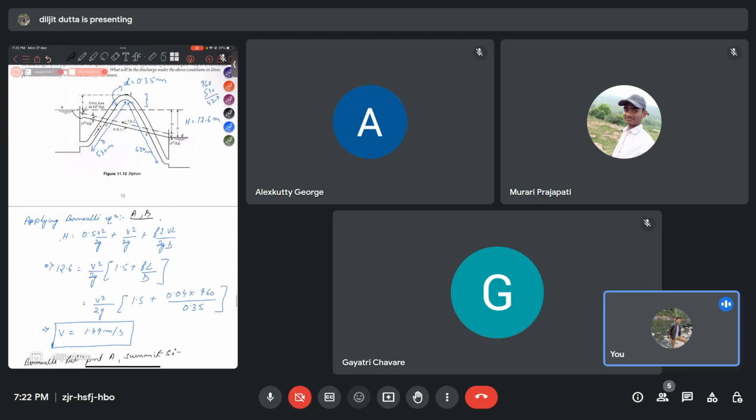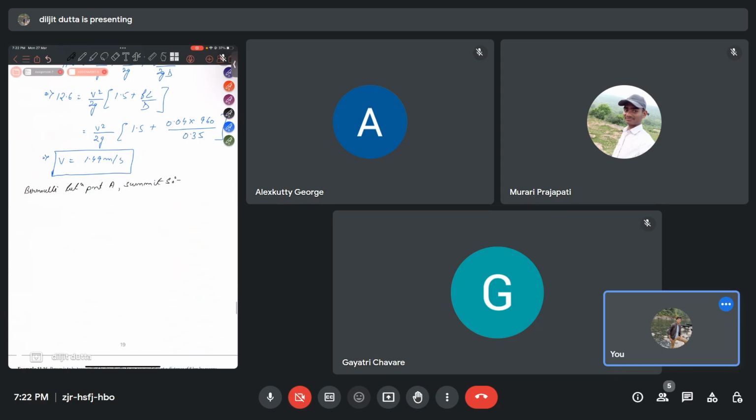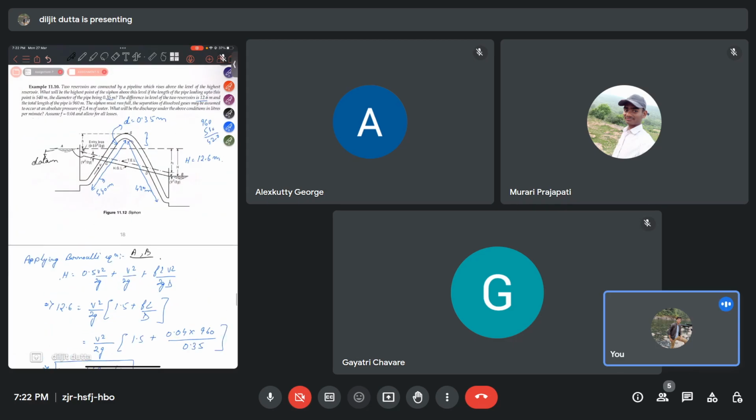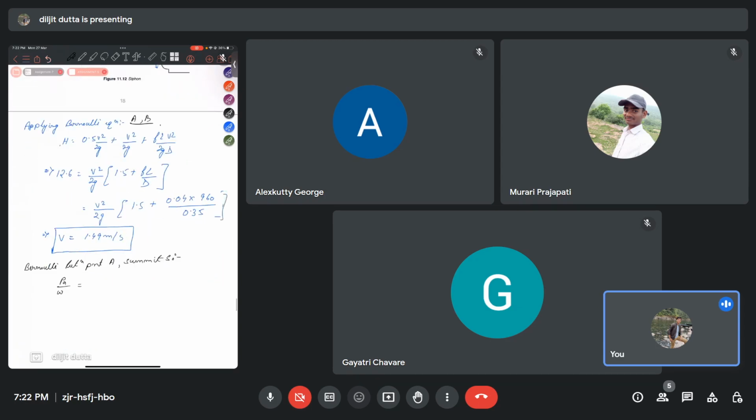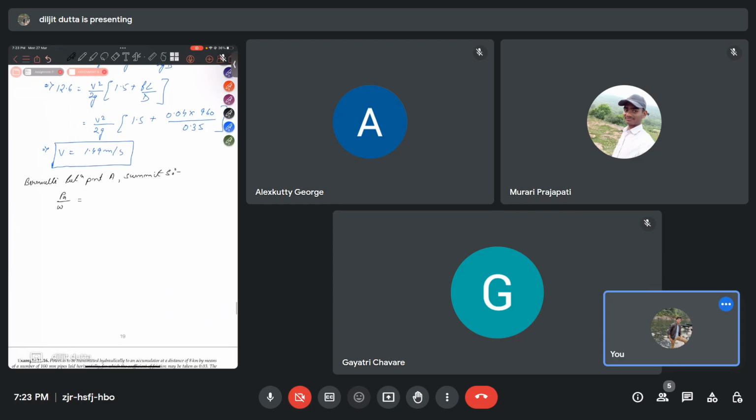We take the datum as the water surface at A. So yeah, let's see how we proceed. So PA by W. The pressure at S is less than pressure at A, and at A there is no velocity, and we have taken datum at A only. So the only term that is available here is the pressure head at A, and pressure at A is the atmospheric pressure, given by PA.